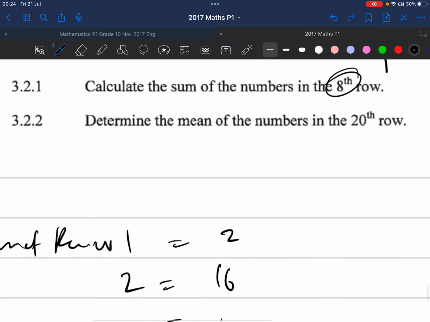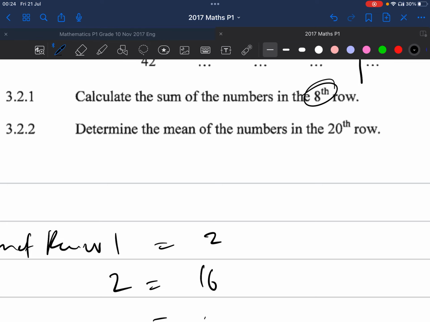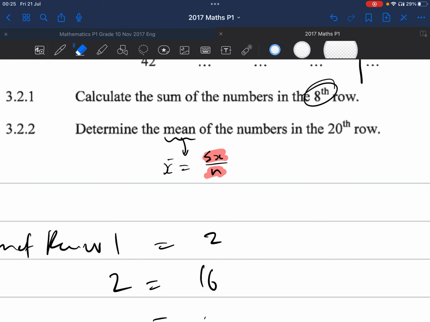What is mean? Mean is the average, right? So it's essentially you take in all of the values, adding them together, right? This is mean. So you're taking all of the values, adding them together and dividing it by the number of values in that row, right?